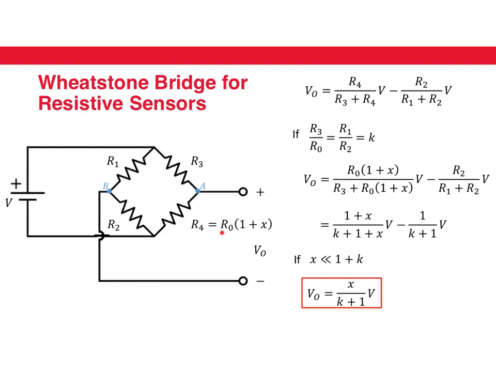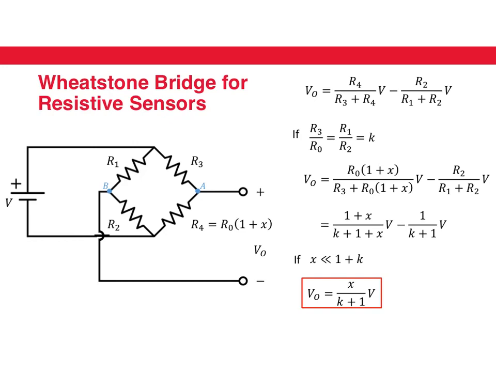If we substitute the resistance of a strain gauge, which is R0 multiplied by 1 plus X, into the equation for the output of the Wheatstone bridge, you can do some analysis. And if you assume that the ratio of the resistors is K, you end up with this voltage.